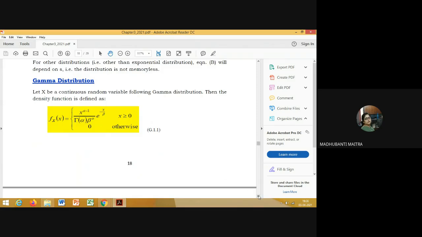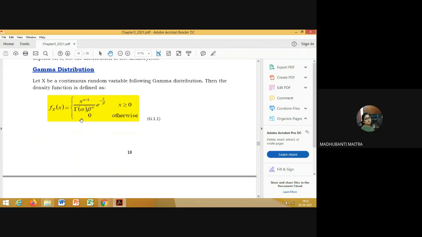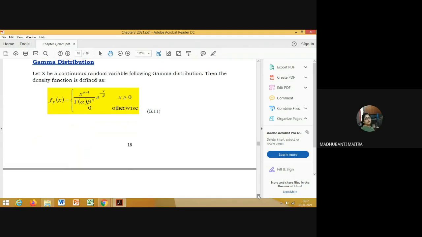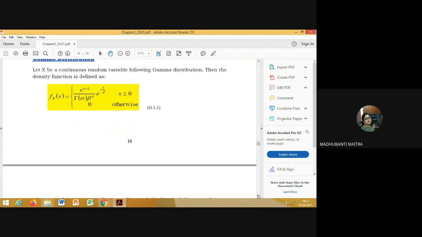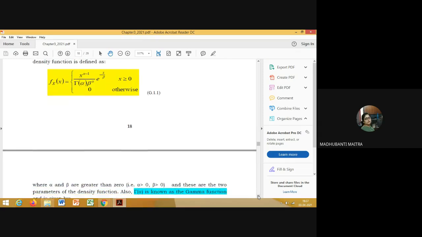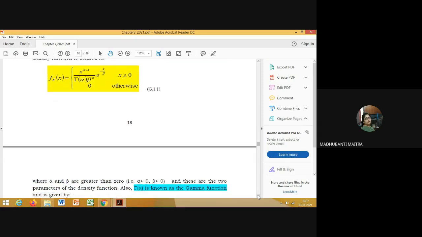From the density function, it's clear that this gamma distribution has two parameters. One is alpha and the second one is beta. We'll see that one parameter influences the shape of the density function, and the second influences the scale or peak value of the distribution.